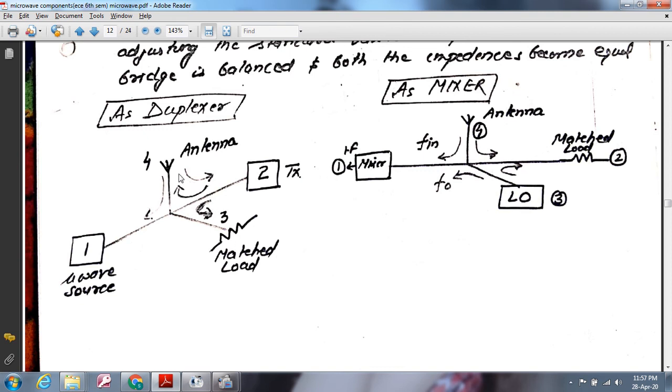So here if we receive the signal, it is going towards 1 and 2, and if we are transmitting the signal, it is going towards 4 and 3. That is how the same antenna can be used as a transmitter and as a receiver section.